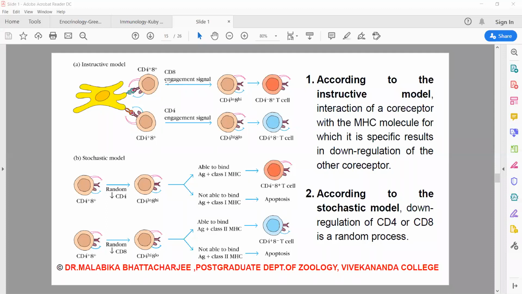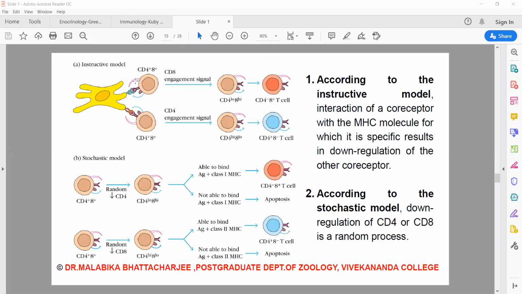So it's a matter of chance. The lymphocyte is interacting with the TCR, and the CD8 has recognized its cognate receptor MHC class 1, and this is the CD8 engagement signal. So initially we are getting a CD4 low and a CD8 high expression. Mind it, when we have a lymphocyte in this condition, you have to assume that both the genes of CD4 and CD8 are operative.